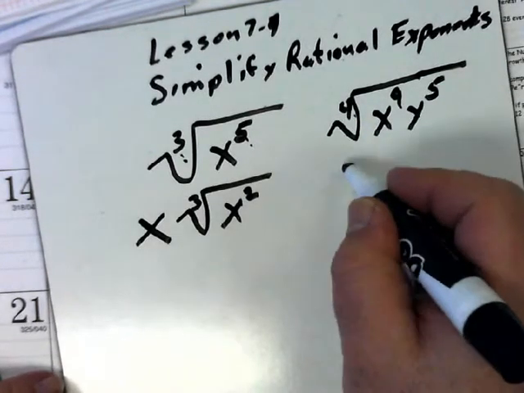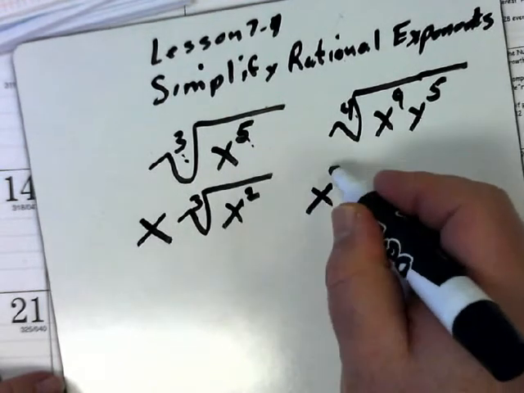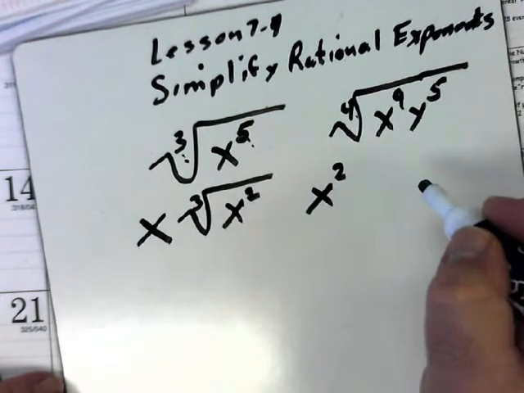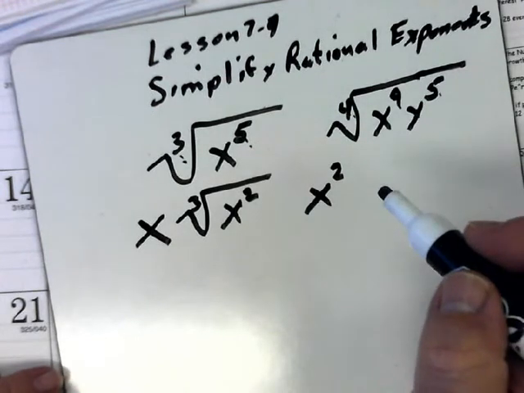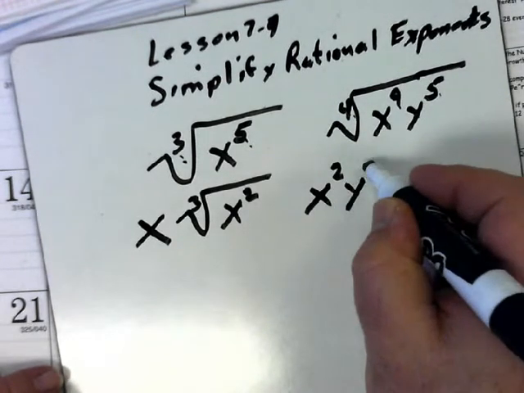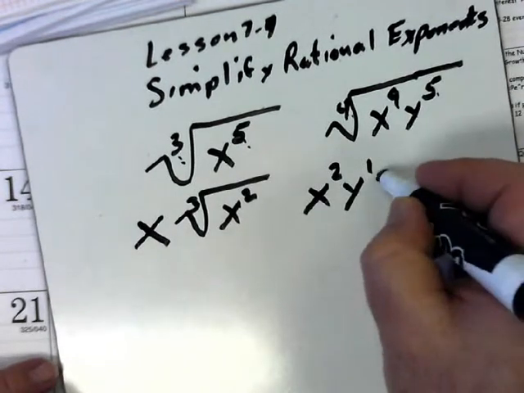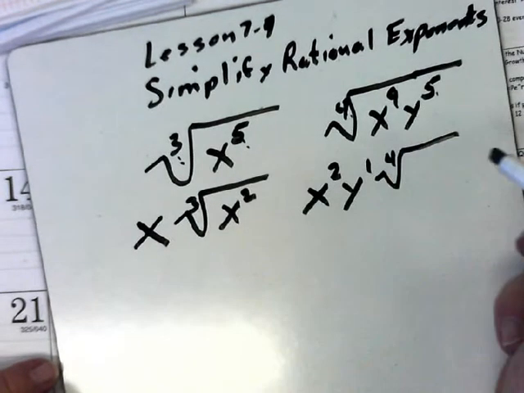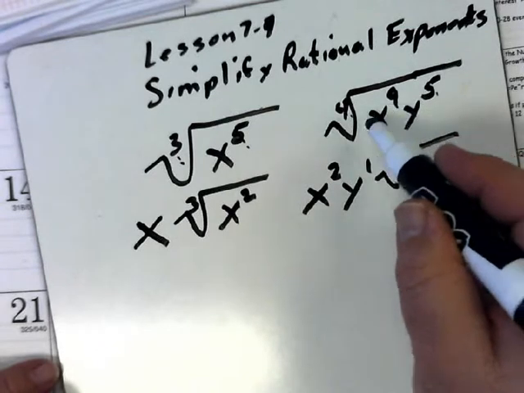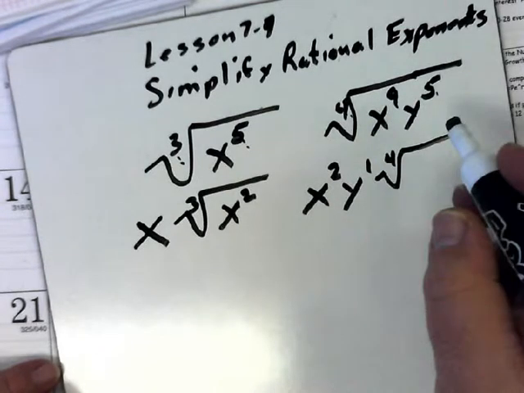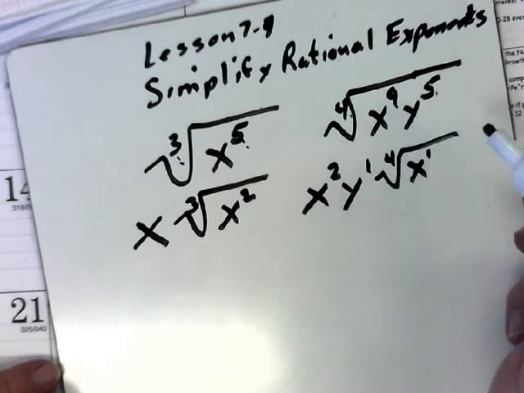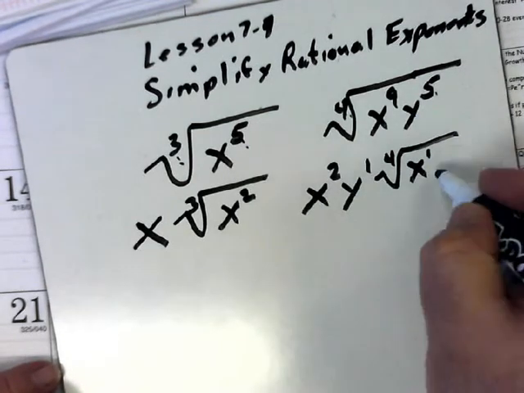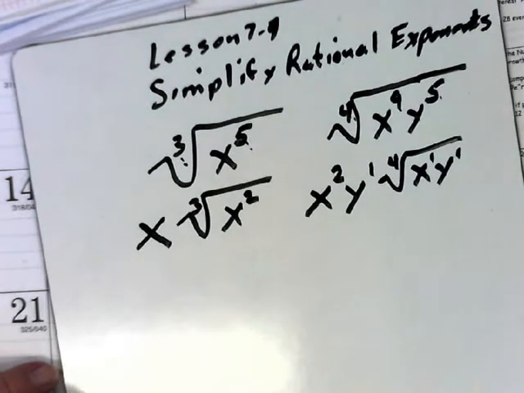So on the outside of the radical I'd have an x to the 2nd. 4 goes into 5 how many times? Once. So I'd have a y to the 1st. The 4th root of what was left over when I took 4 into 9? So I'd have an x to the 1st, and what was left over when I took 4 into 5? That would be simplified.